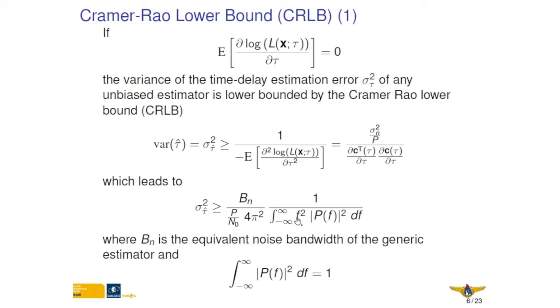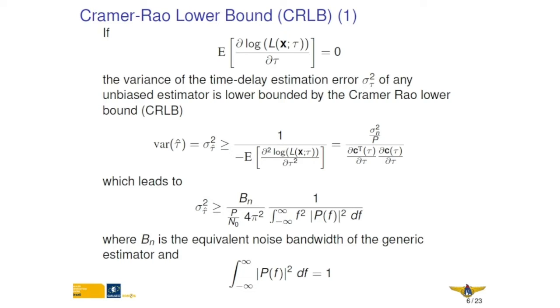And we can see that the variance of the estimation error gets smaller. First of all, when we increase the SNR, that's maybe expected. So the higher the power, or the higher the ratio between the power of the signal to the power of the noise, the better we can estimate the parameter.